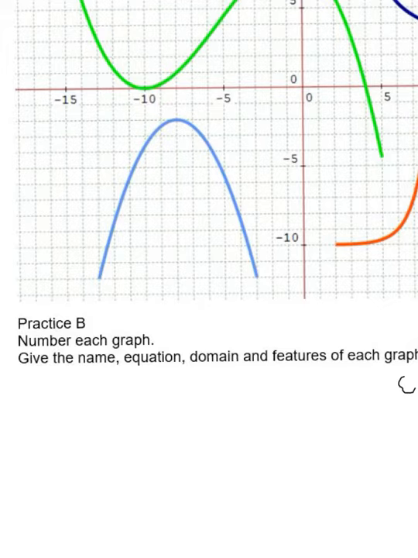Right, we're going to do a quick run through this practice B graphs. Starting with the parabola, you need to have the name and the equation. Parabola. Our parabola is a negative parabola, and it starts at 0, 0.